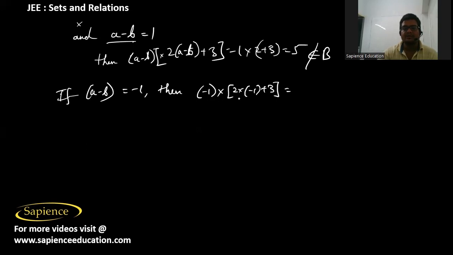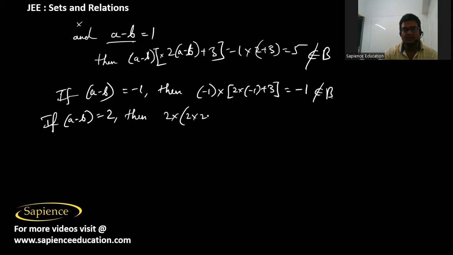So that is equal to 3 minus 2, that is 1, that is equal to minus 1, which also does not belong to the set B. And then if A minus B is equal to 2, then we can say that 2 into 2 plus 3. So that will be 4 plus 3, that is 7, 7 into 2, that is 14. So 14 also does not belong to the set B.